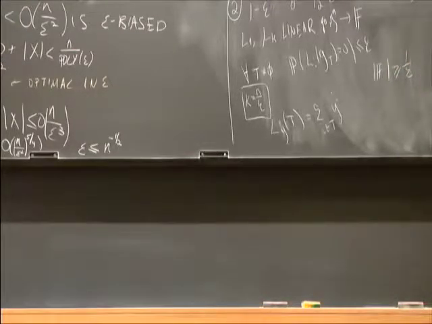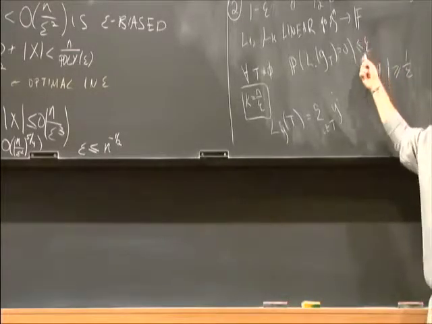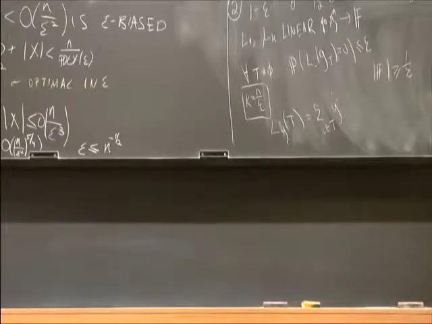This is not very hard to see. We want things to happen with small probability, so we need a large sample space.